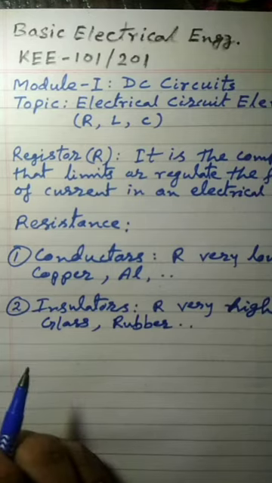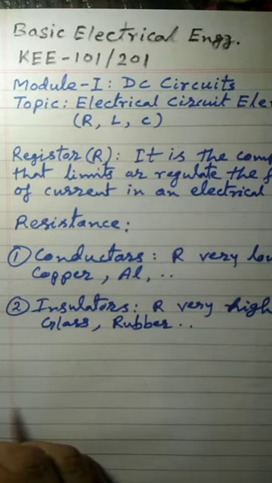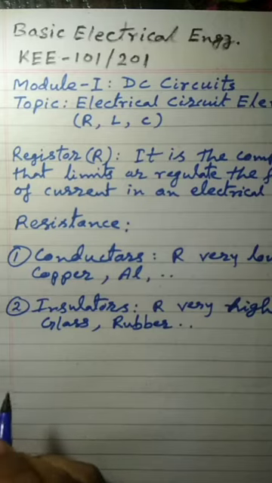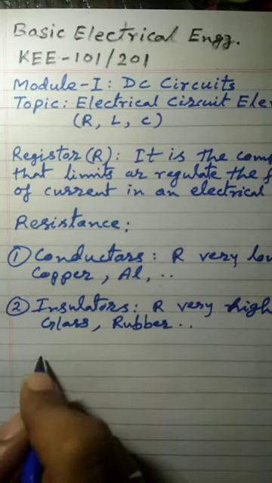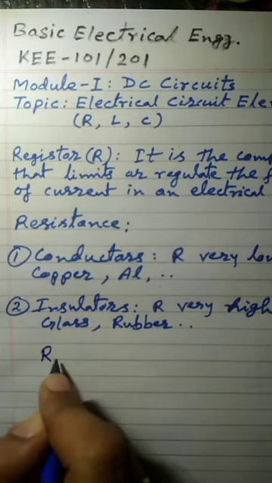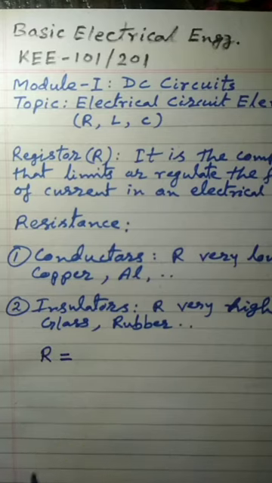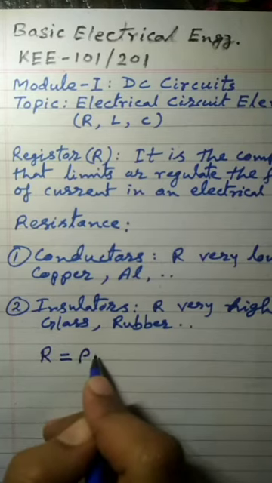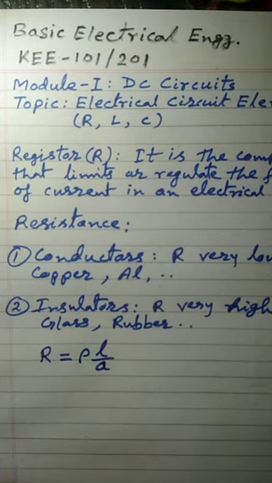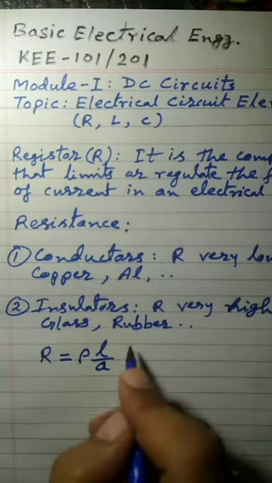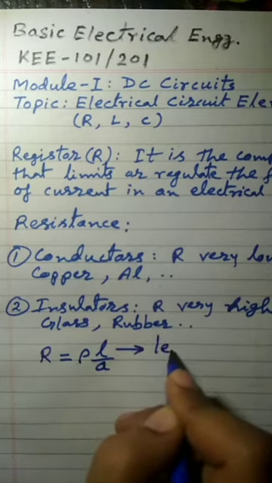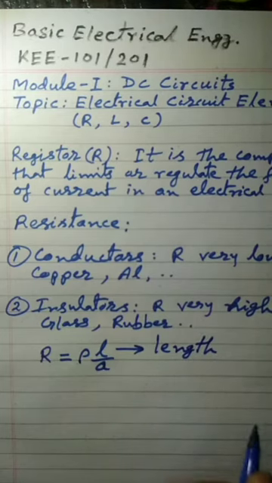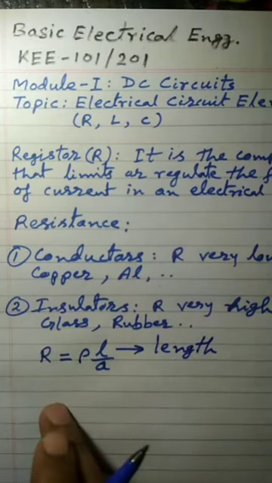Basically, the resistance depends primarily on two factors. The first one is the type of material used, and the second one is the shape. The resistance of the material can be represented by the formula R is equal to rho L upon A, where L is the length of the material and the resistance is directly proportional to the length.